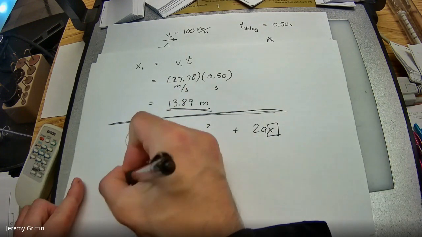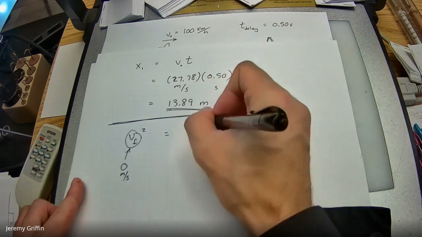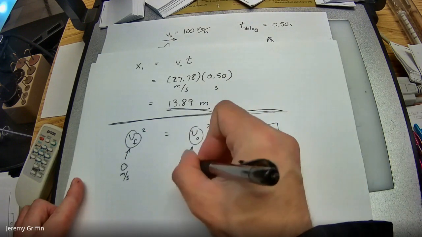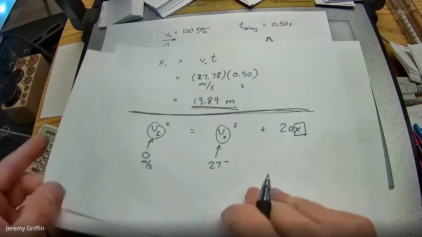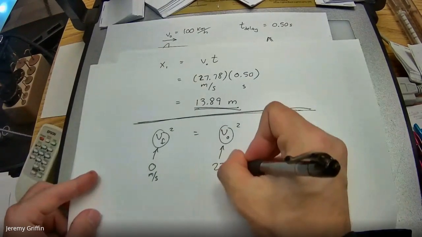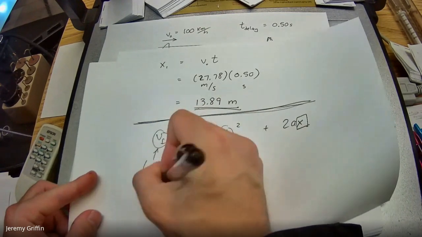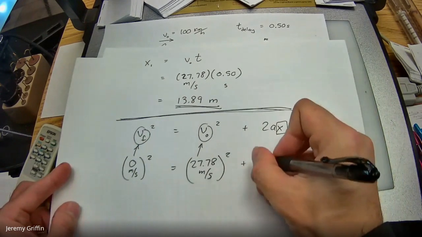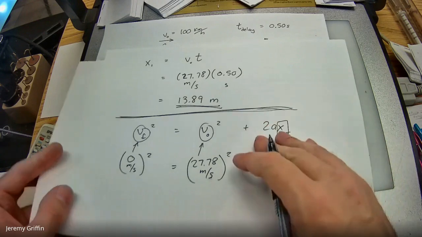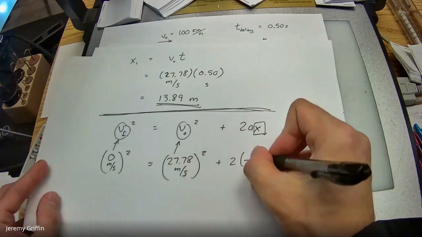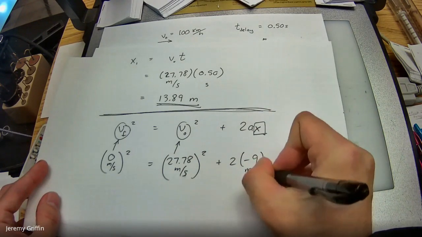And stop would mean there's 0 meters per second. I know his original speed was 27.78 meters per second. Now don't forget that's being squared. And he's also slowed down at a rate of 9 meters per second squared, according to my numbers.